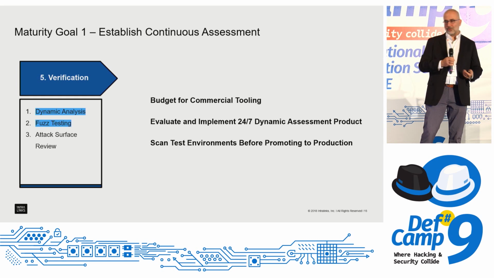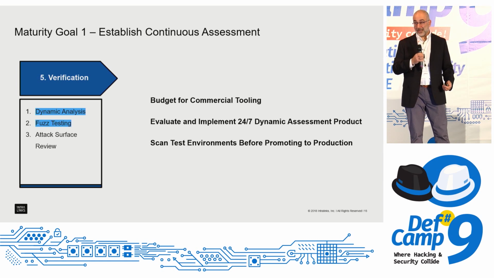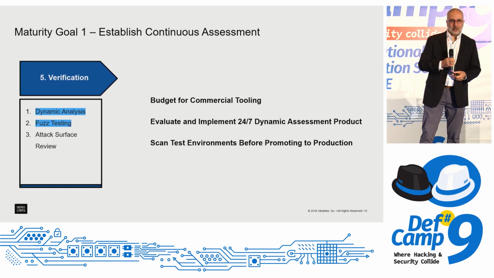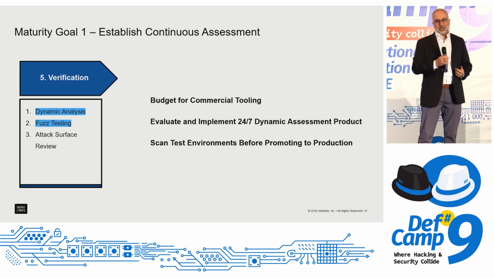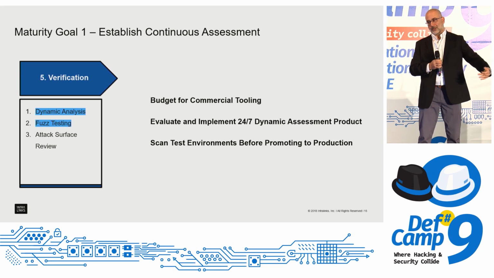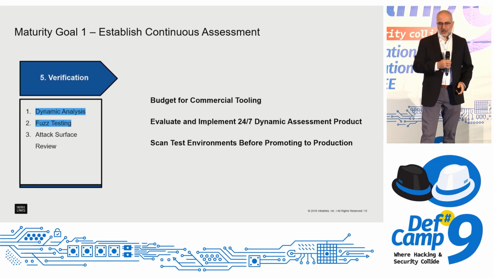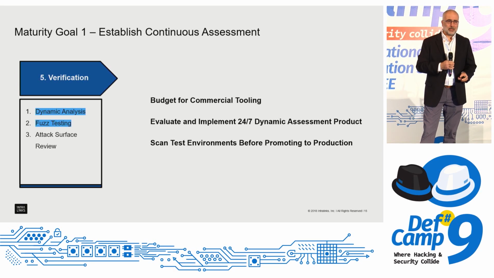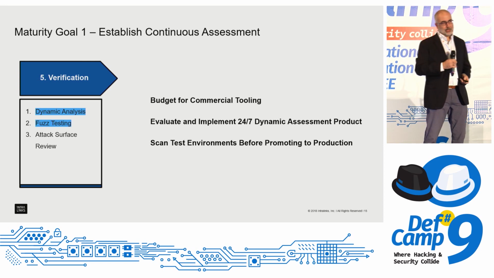Doing it on QA is usually not economically viable. That's why it's important to maybe use your free tools on the QA and then your commercial tools in production, something like that. So continuous assessment is very important in that maturity journey.